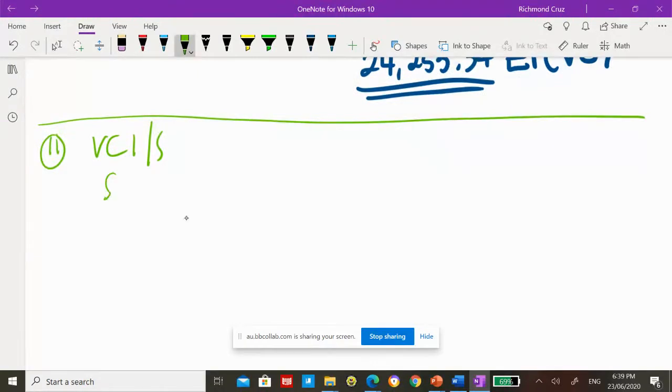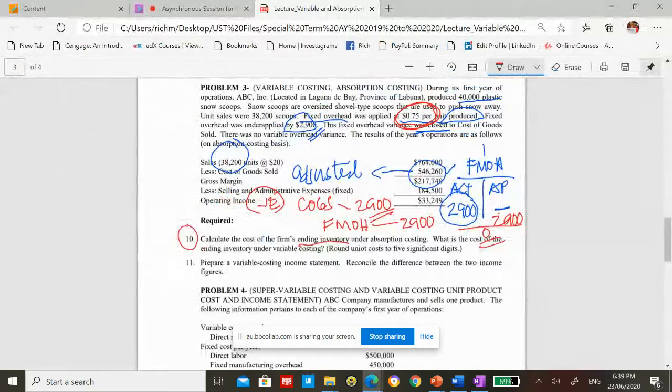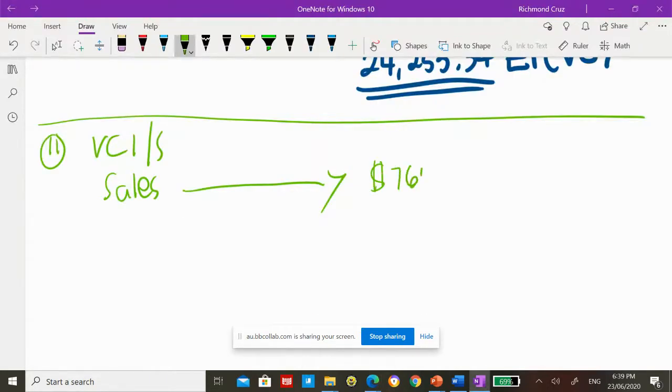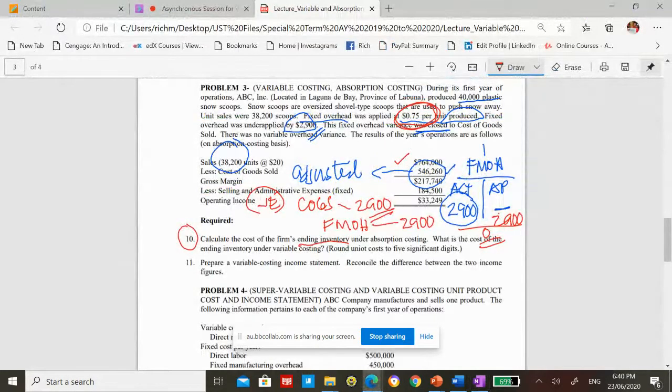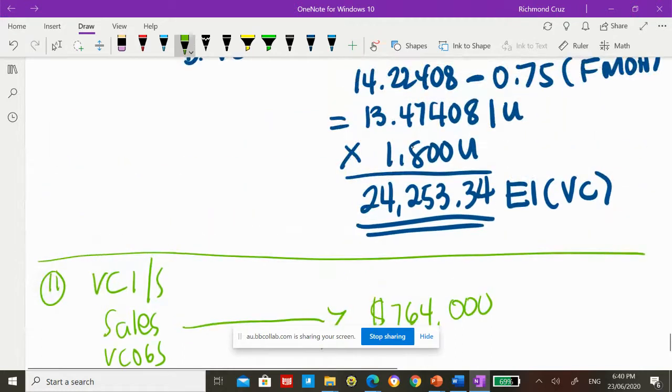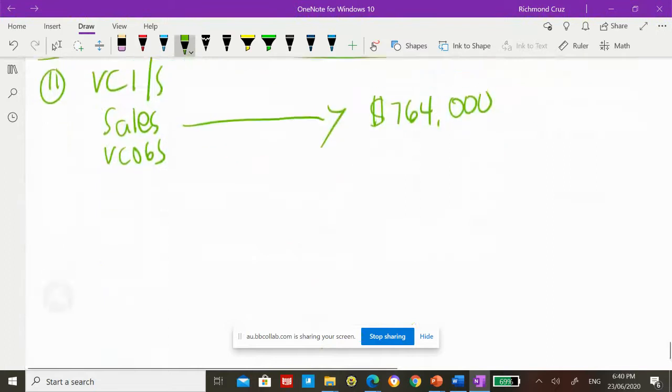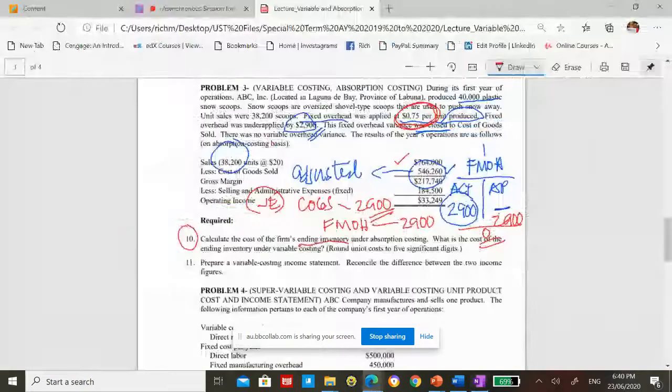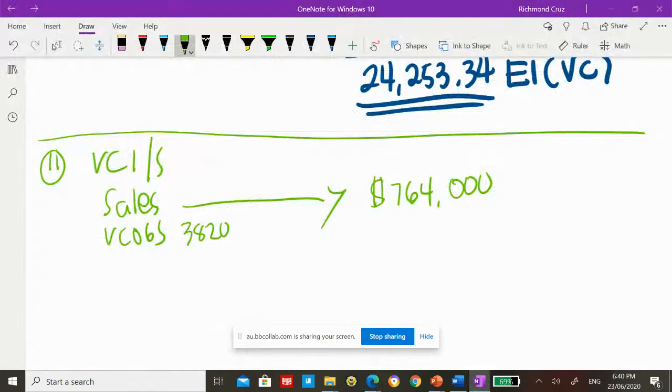So, start tayo with sales. Ayan. So, ang sales natin is the same. That is 764,000. So, hindi na po bago to actually. Ayan. So, meron akong variable cost of goods sold, which is itong 13.47408. Ilan ba yung nabenta? That's 38,200.